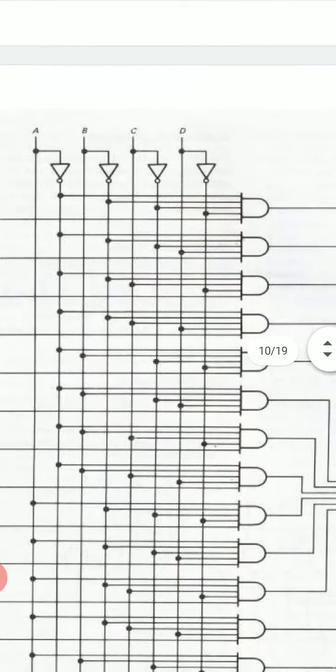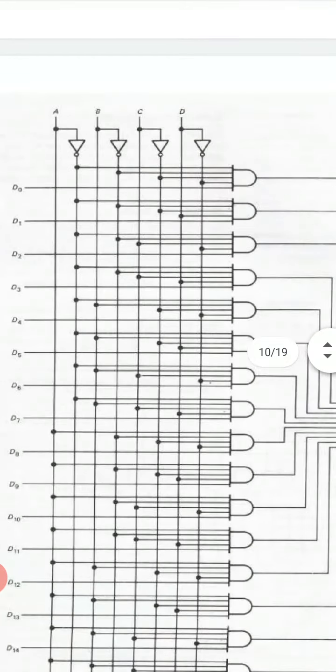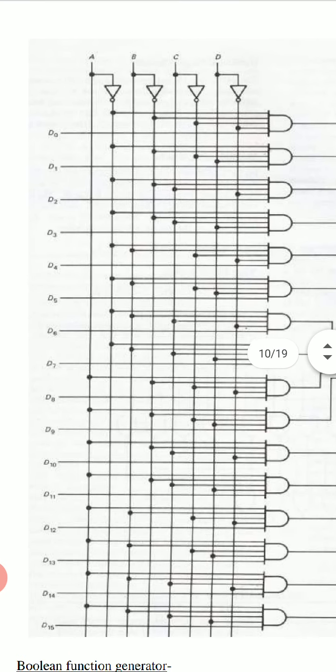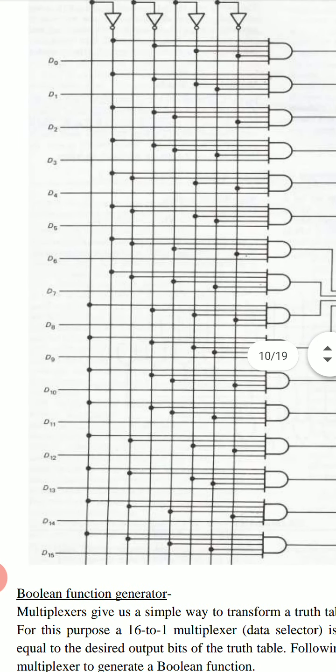This is the circuit. There are 16 input bits from D0 to D15: D0, D1, D2, D3 up to D15.